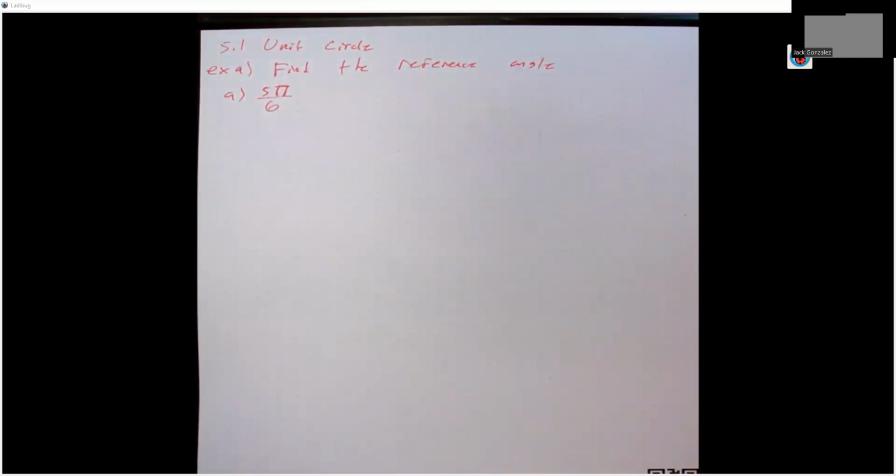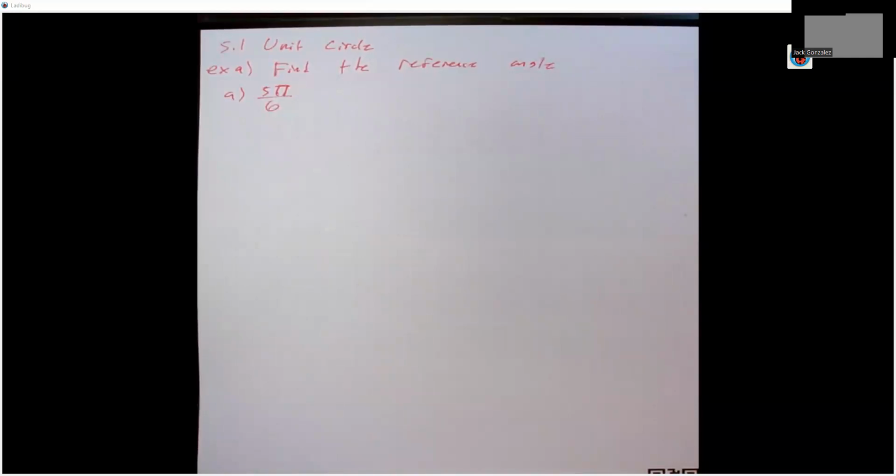So reference angle means, what is the angle between the angle in question and the x-axis? It must be positive, always positive. So 150 to 180, 180 is the x-axis. That distance is 30. But we're dealing in radians, so 30 is pi over 6.